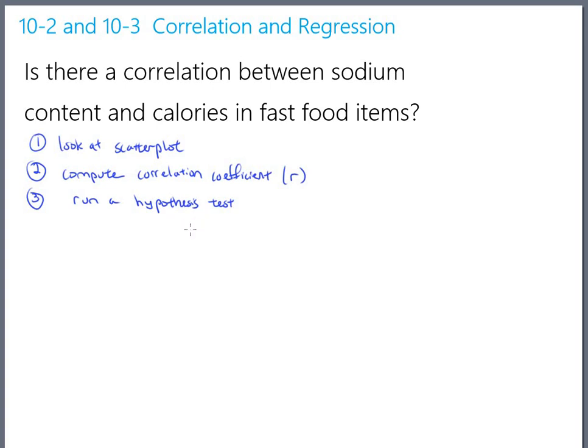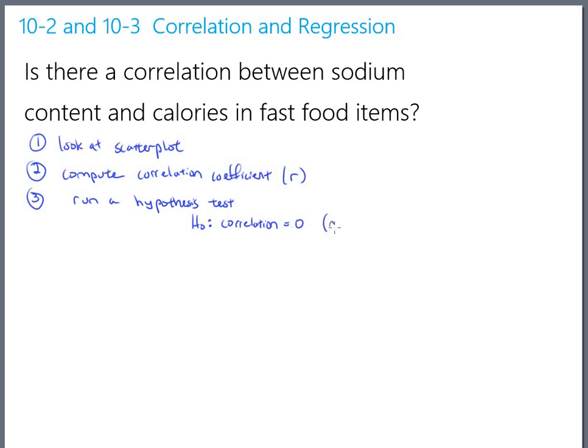And the hypothesis test, I'm just going to tell you what the hypotheses are right now for every single one of these. The null hypothesis, like all null hypotheses, is going to have an equal sign. The null hypothesis is that the correlation amount is 0.